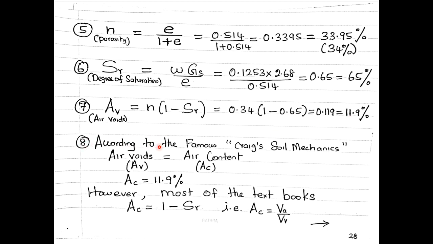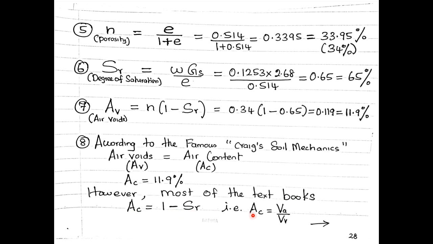Number 8. According to the famous Craig's soil mechanics, air voids is equal to air content. Therefore, air content is also equal to air voids, 11.9%. However, in most of the textbooks, air content is equal to 1 minus Sr. Check the previous video.